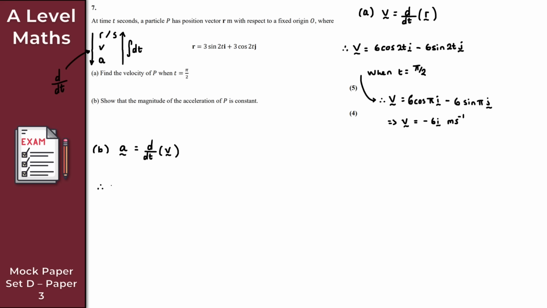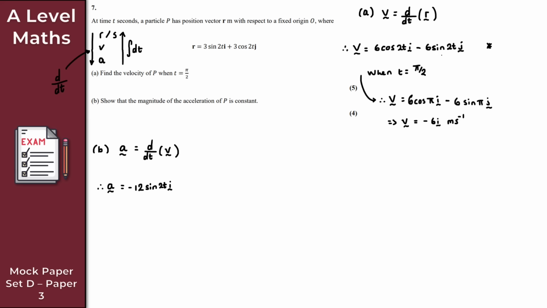So therefore, the acceleration vector A is equal to, so again, just differentiate term by term. We're differentiating this expression here. Oops, I knocked my microphone. Apologies if you could hear that. So just go term by term. The 6 cos 2t i will differentiate to give me minus 12 sine 2t i.